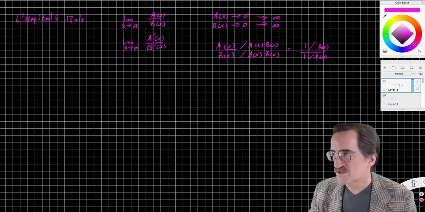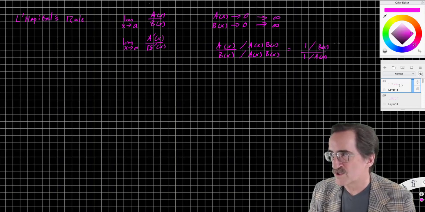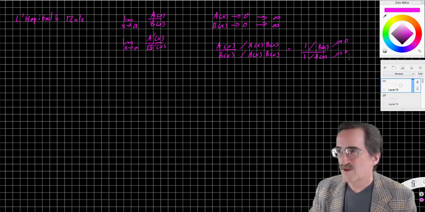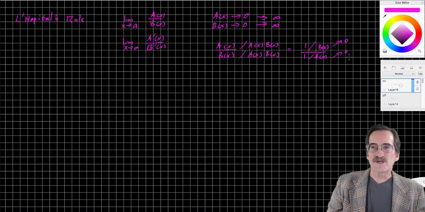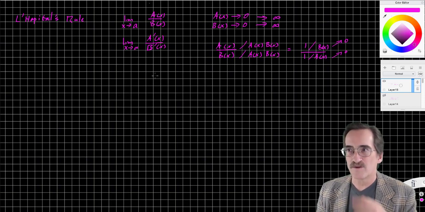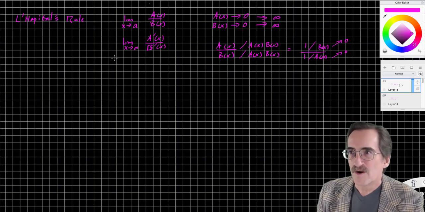But b of x is going to infinity, so 1 over b of x is going to 0. A of x is going to infinity, so 1 over a of x is going to 0. So in other words, L'Hopital's rule works whether the top and bottom are both going to 0 or going to infinity. Okay, all right. And it doesn't matter what we go to, just so that the limit is 0.